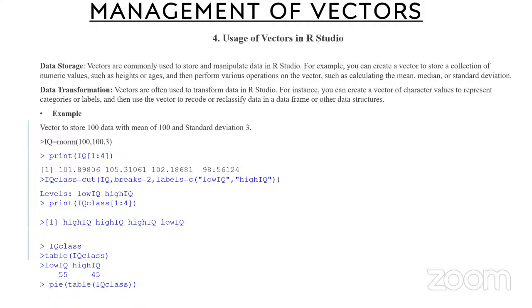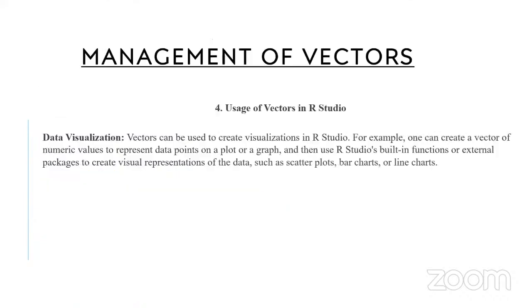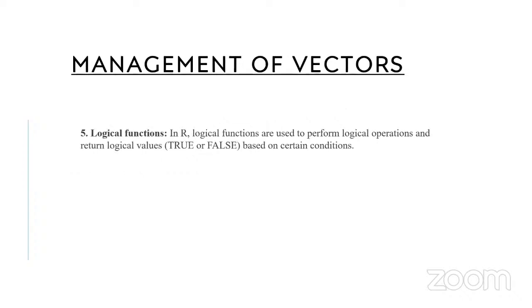And if you want to do the pie diagram, you can do the pie diagram also. pie(table(IQ class)). So you will get the pie diagram. Next. Yeah, this is the data visualization. Next. This is the logical function, true or false. Okay, next.